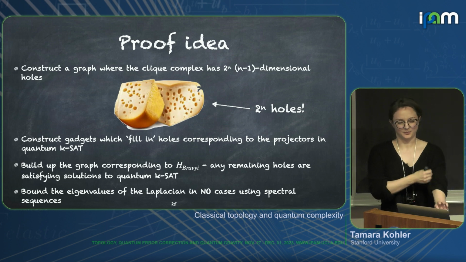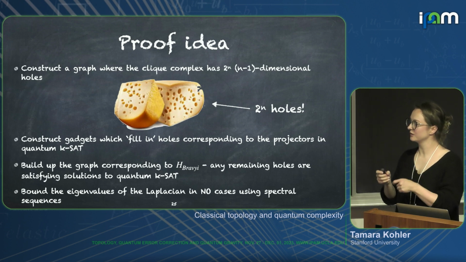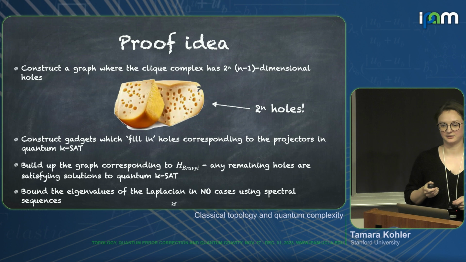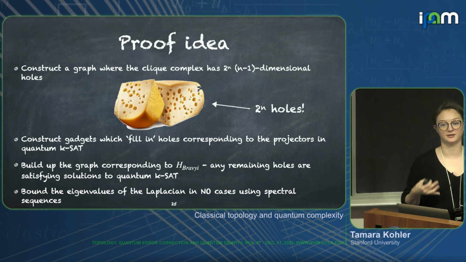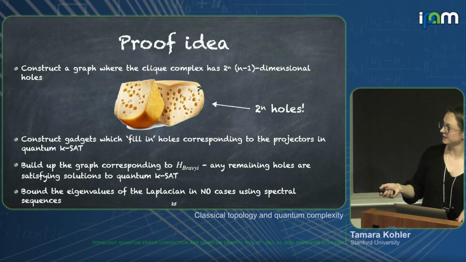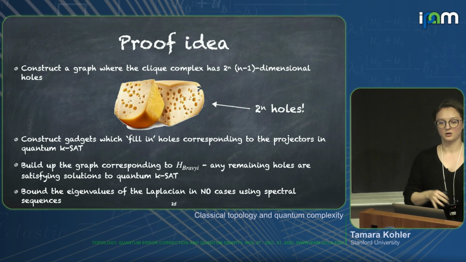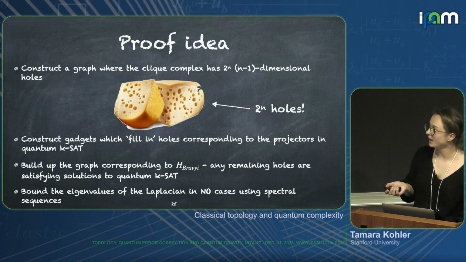So just to say the proof idea once more, so everyone's on the same page. The idea is that we're going to construct a graph where the clique complex has 2 to the n minus 1 dimensional holes. And then we're going to construct gadgets which fill in holes corresponding to the projectors in quantum K-SAT. Then given any particular H Bravyi, I can build up the graph that corresponds to that Hamiltonian by starting with my base graph, and then for every term in H Bravyi, I add a gadget which fills in the hole corresponding to the state that's lifted by that term in the Hamiltonian.